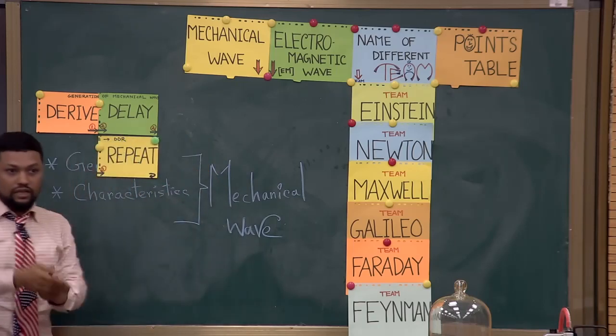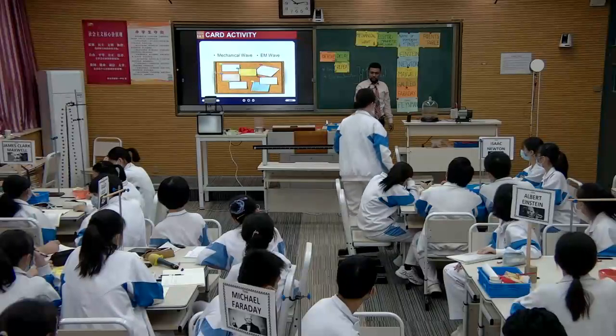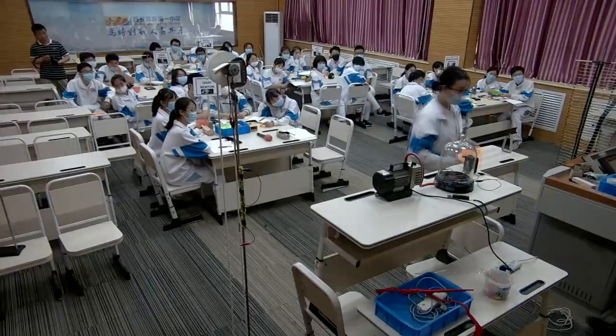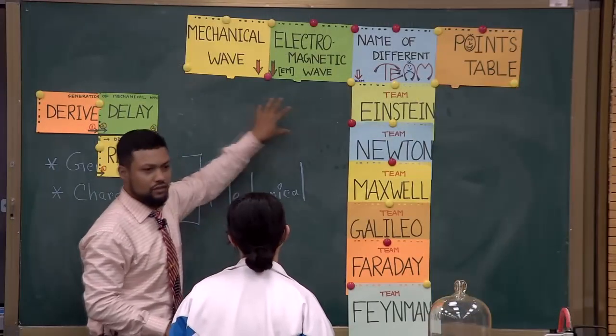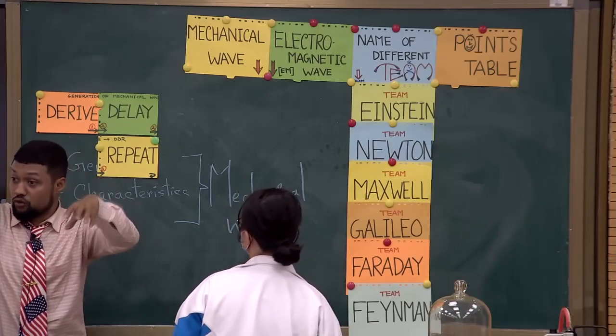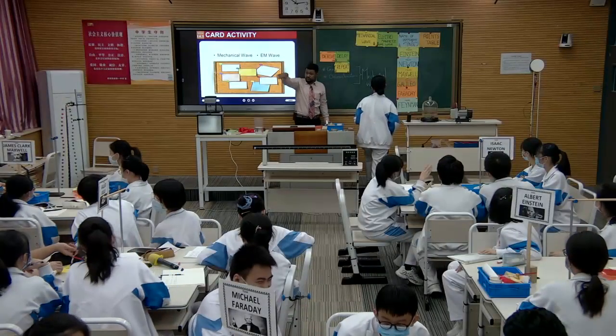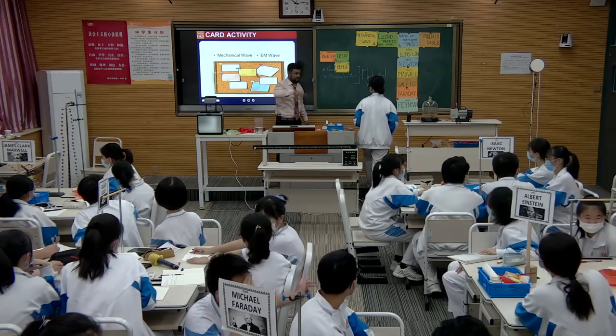Like the first one, okay, Isaac Newton group, the group leader, please come. This one is microwave, right? What do you think, will microwave be mechanical wave or electromagnetic wave? Please discuss among yourselves, the group members. How many people can understand whether this is mechanical or electromagnetic?